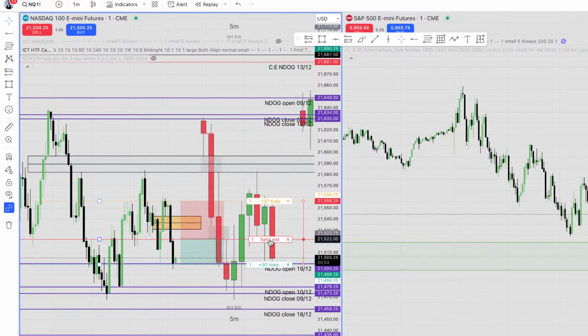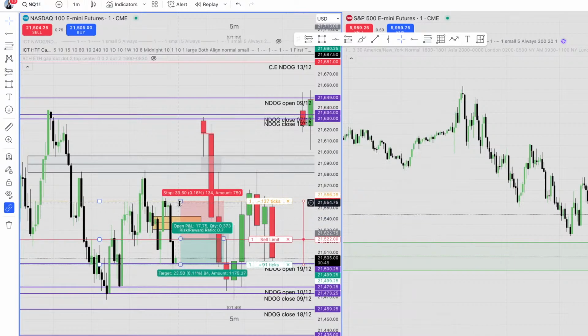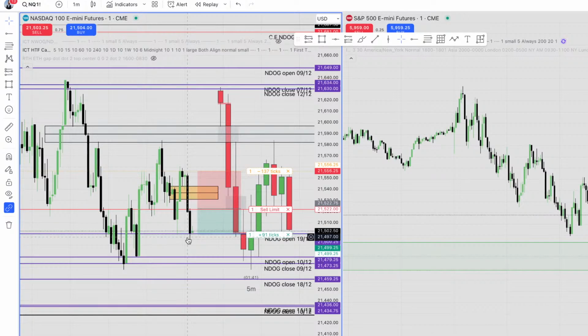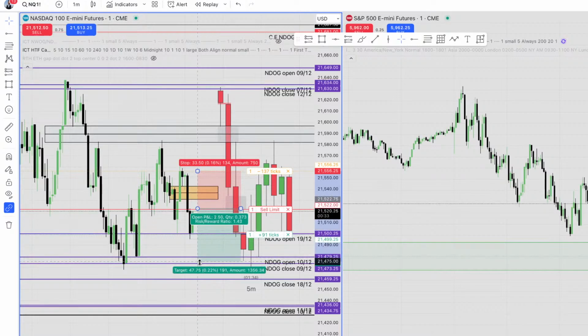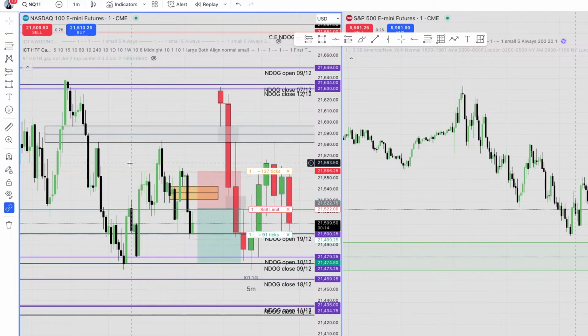Let me put my entry here. I want this to act as a breakaway gap. I want that gap to stay open. And why I'm still persistent on going short: here I don't have an SMT, so price can continue going lower. Fill me in, fill me in. What else do you want me to do?